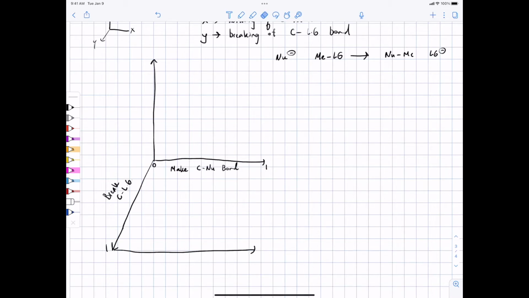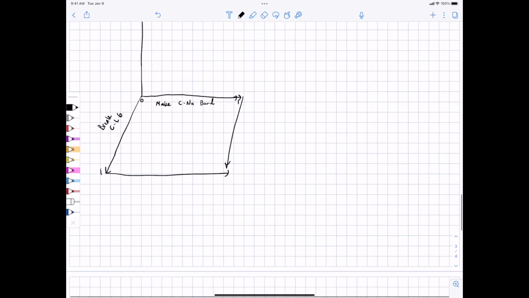I don't like how not parallel those lines looked, but whatever. Let's draw what we would expect for intermediates at these two corners.